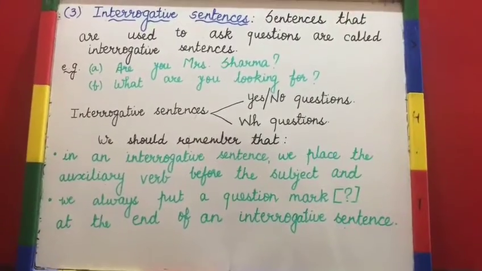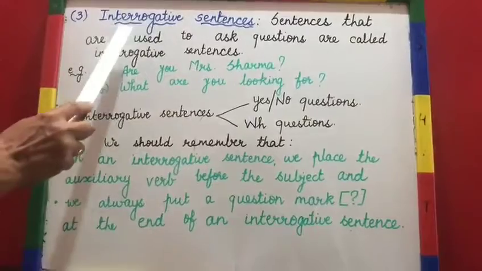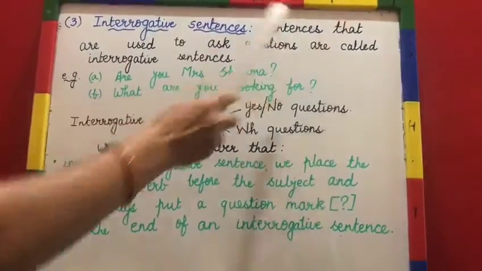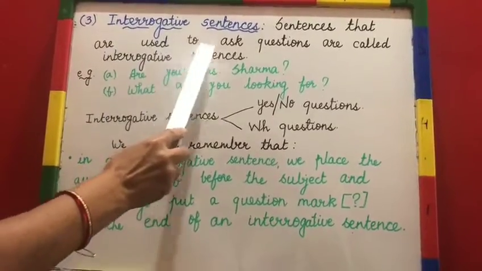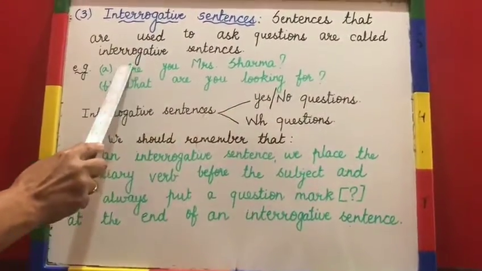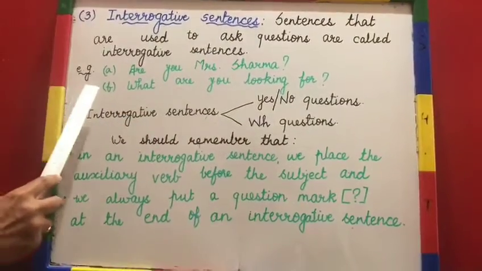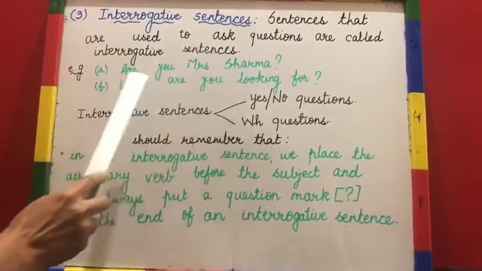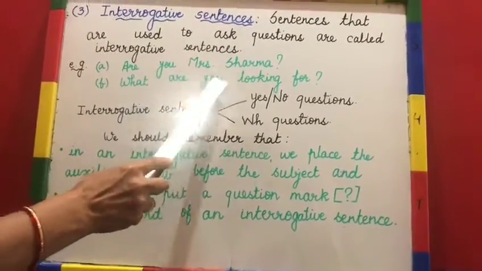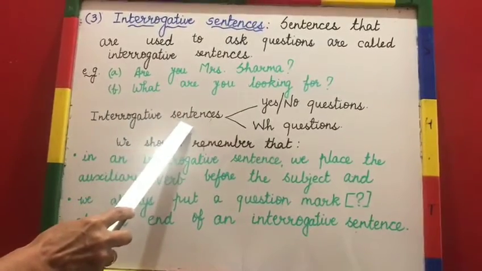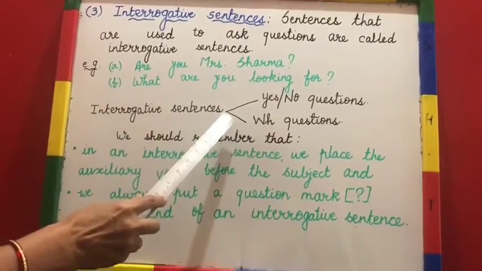The next type of sentences are the interrogative sentences. Sentences that are used to ask questions are called interrogative sentences. Example, are you Mrs. Sharma? Next, what are you looking for? Now, interrogative sentences are of 2 types.